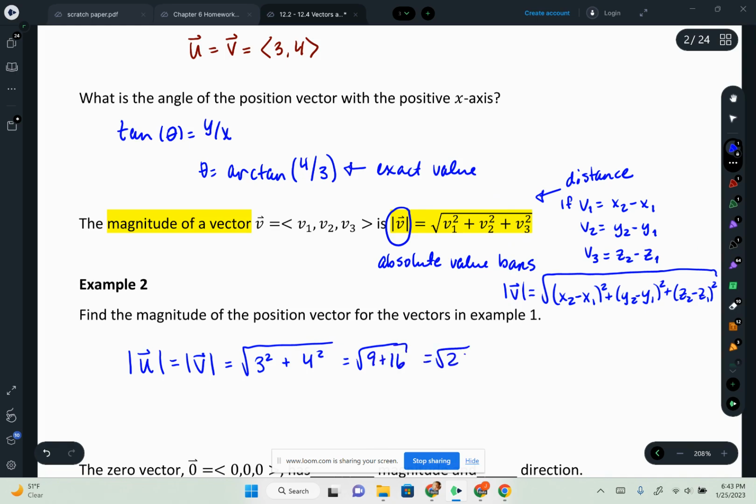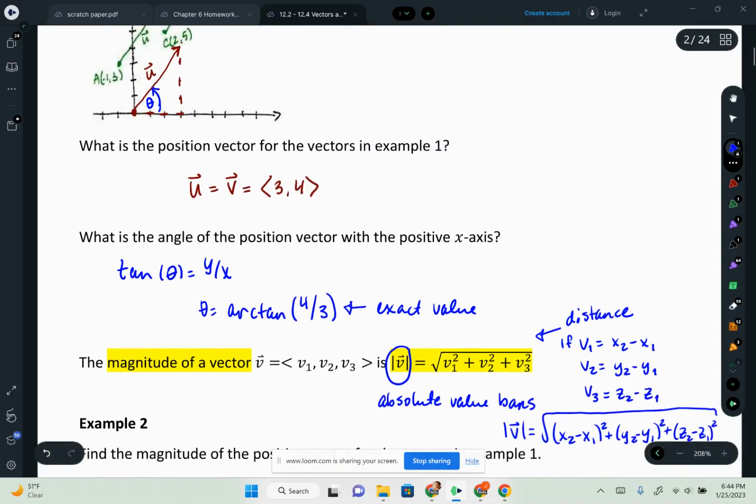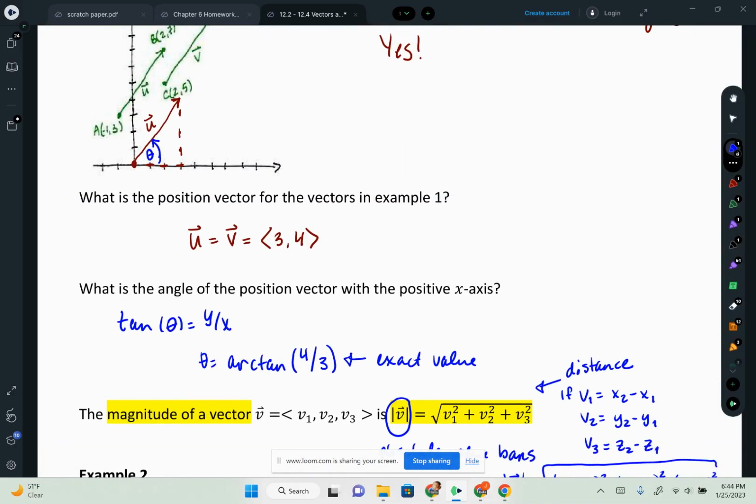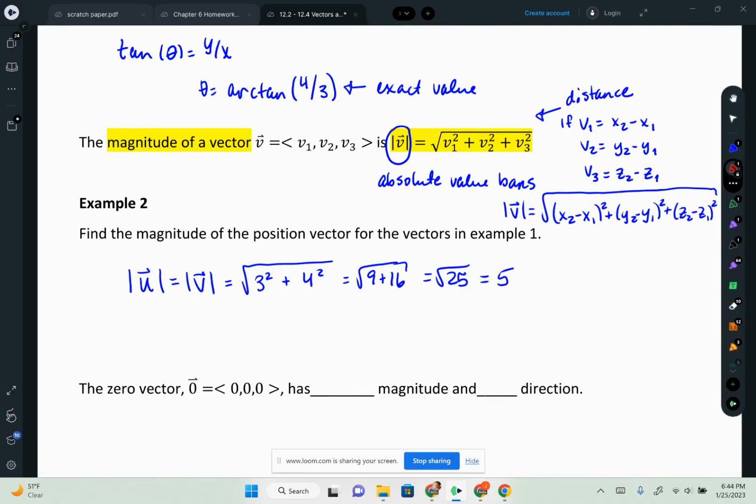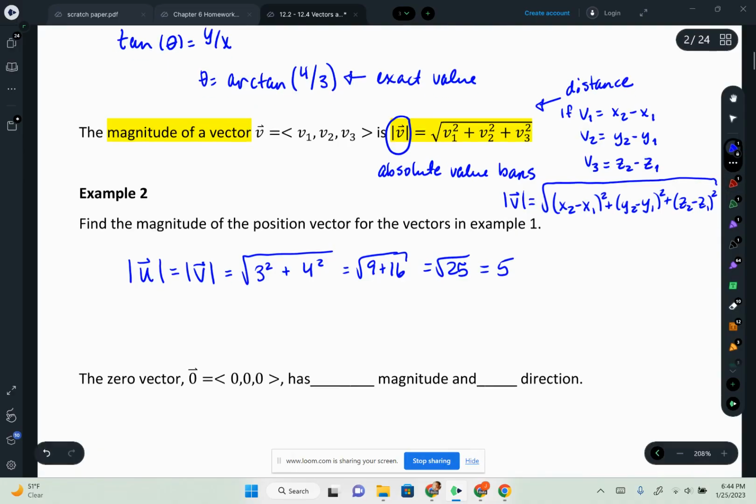Or in other words, it's the square root of 25, and that is 5. And that kind of makes sense. If you think back to right triangle trigonometry, we learned about the 3, 4, 5 triangle, right? So we have a 3 and a 4. That means your hypotenuse has to be 5. So, just try to tie together what you know from trigonometry when you're working with these vectors and angles and lengths and whatnot. Okay, back to the notes.